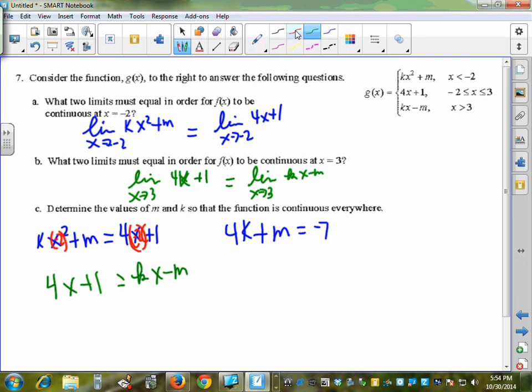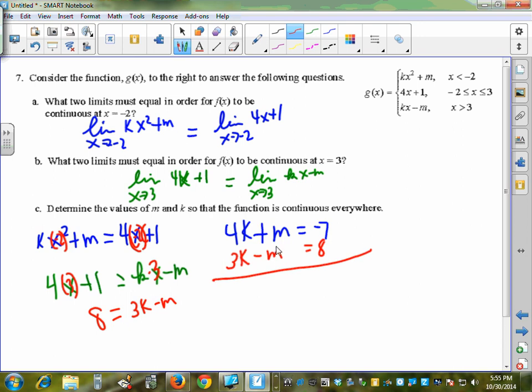We know that we're going to need to plug in x equals 3. We can go ahead and do that. 4 times 3 is 7, plus 1 makes 8, equals 3k minus m. Or another way of saying it is 3k minus m equal to 8.